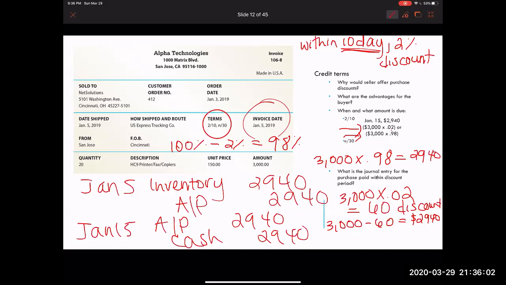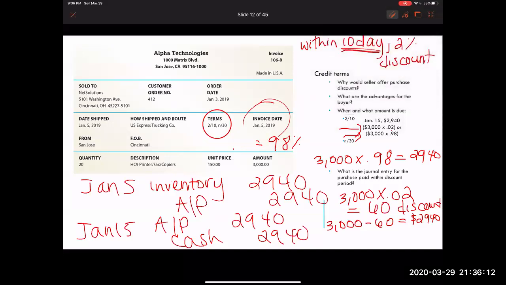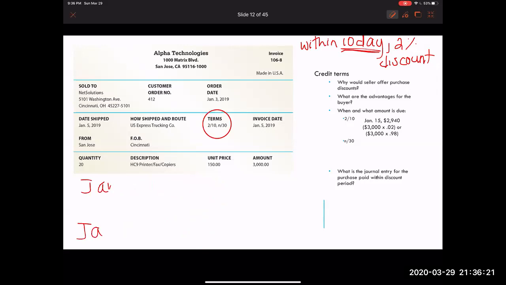Do it however you like, doesn't matter to me, as long as you get the correct answer, okay? Again, taking advantage, we will always record it with the discount, no matter what. Everyone will record it with the discount because if we don't, that would be like leaving money on the table, okay?